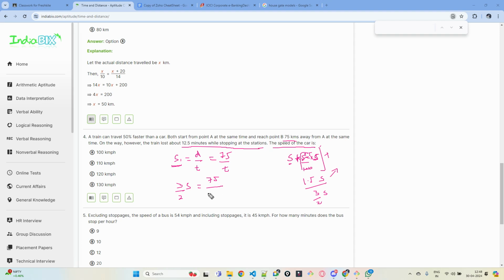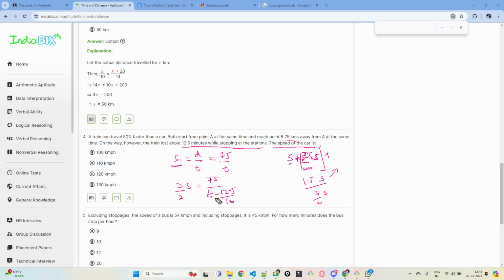So that is why it is able to arrive at the same time. So the time will be t, the actual time, minus 12.5 minutes, and in hours it is 12.5 divided by 60.